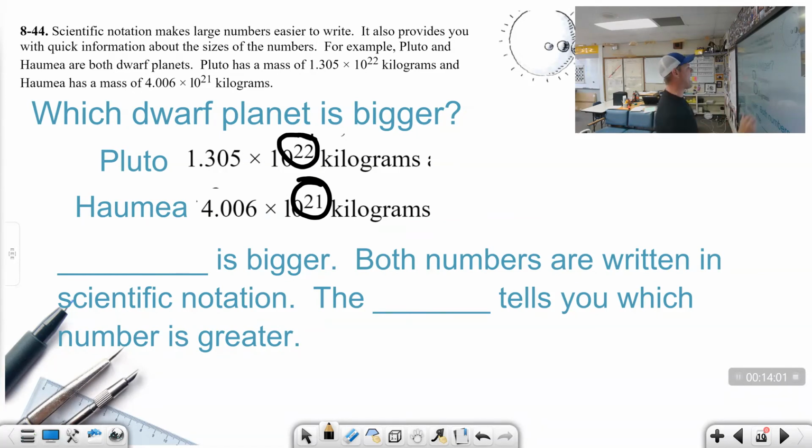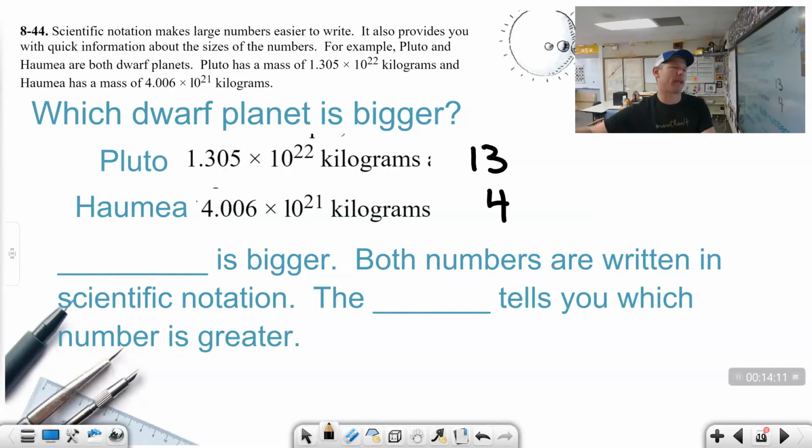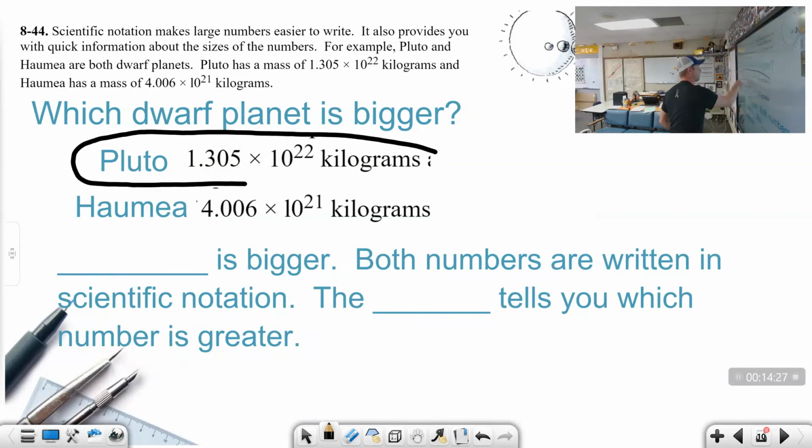That is like answering the question, which is bigger, 13 or 4. If you wrote these out in standard form, it would line the place value up like this, 13 and 4, instead of 1.305 and 4.006. In this case, Pluto is bigger.